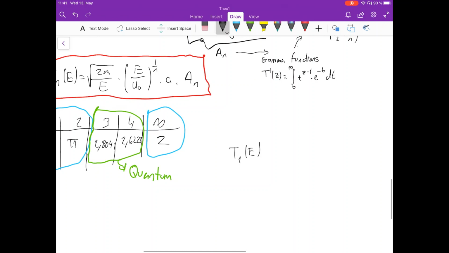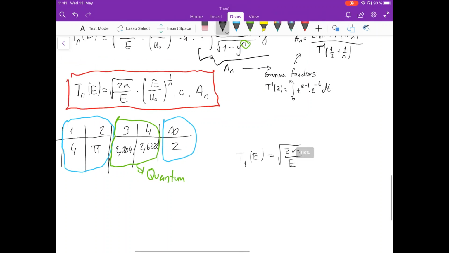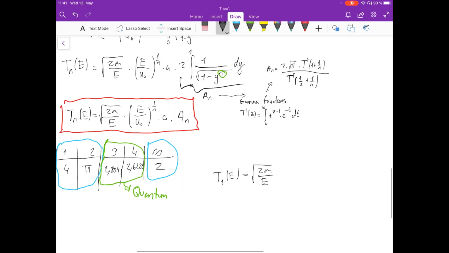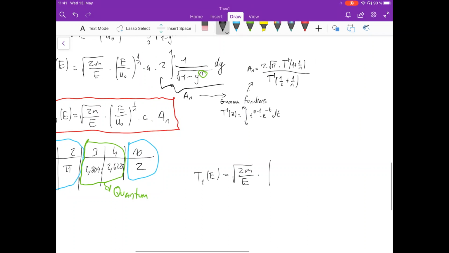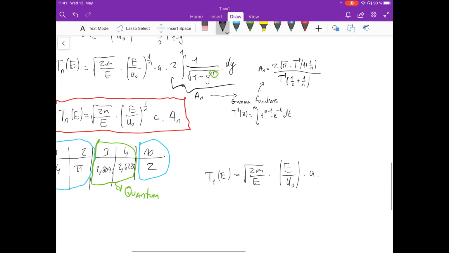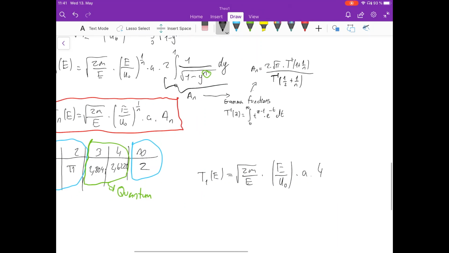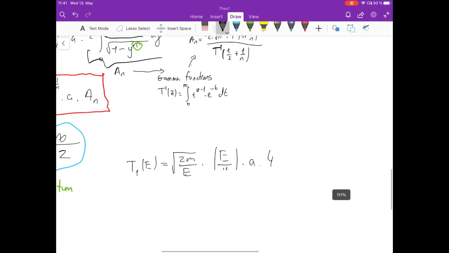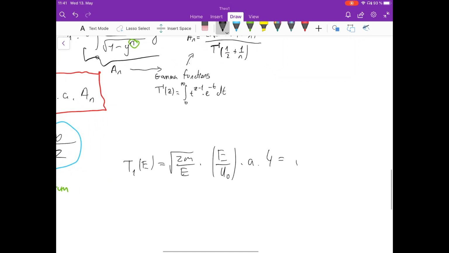So let me write it down. Then T_1 of E is going to be equal to the square root of 2m divided by E, if I'm not remembering wrong, times (E divided by U_0), I plugged 1 in, and 1 over 1 is going to be 1, times a, times a_n, and a_n was 4.